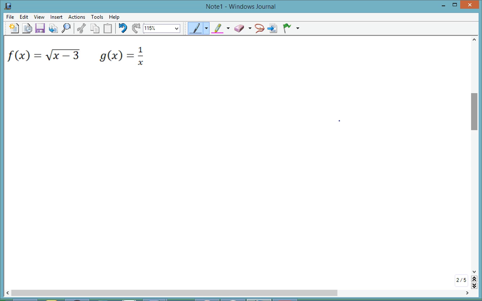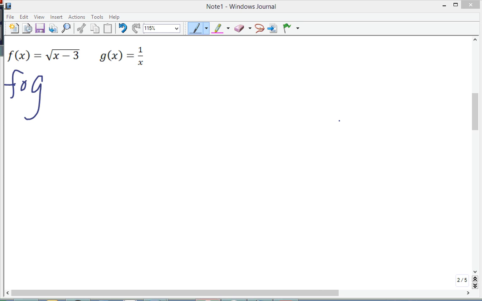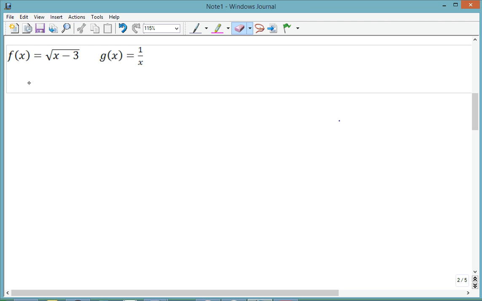Okay, so let's do f composed with g. So you see that the domains of these are not all real numbers. So before we write that, let's find the domain.